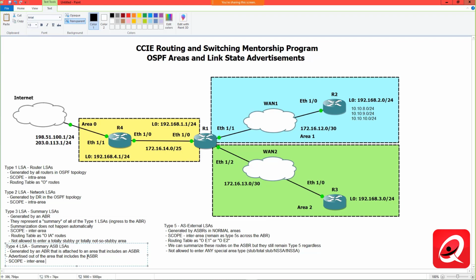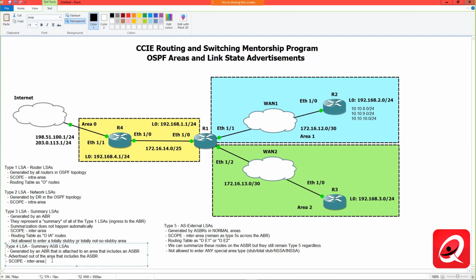If I've got a special area type and type 5s are not allowed into that area, then it kind of makes sense that the corresponding type 4s would not also be allowed into that area. So any area that type 5s are not allowed to go into, you can assume that the type 4s are not going to be able to go into as well.